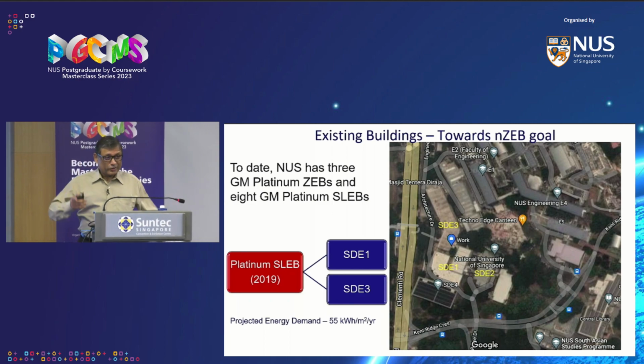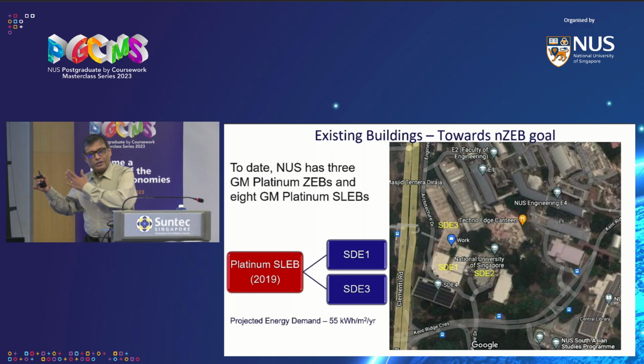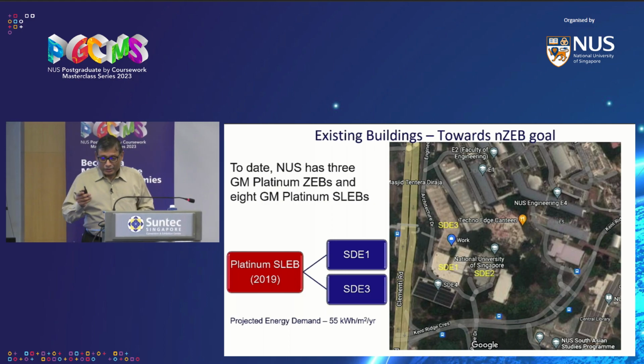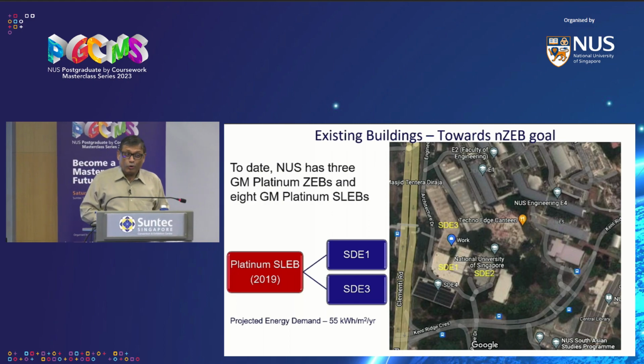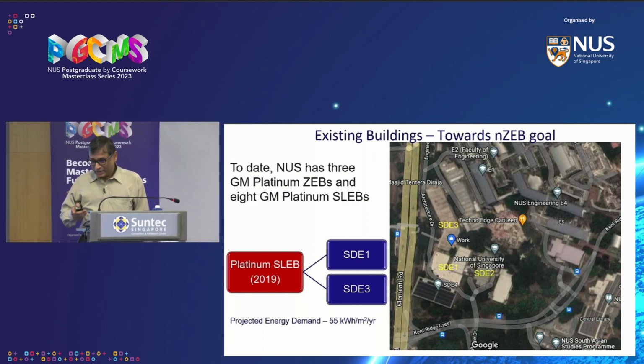So in our same college, whilst I showed you a new energy positive building now, there are 45-year-old buildings, two of them, SDE1 and SDE3, which we renovated mostly during the pandemic time. Of course, we were not occupying those buildings, so they were being renovated and refurbished. Again, the same thought process: designers, architects, engineers thought through the whole thing.